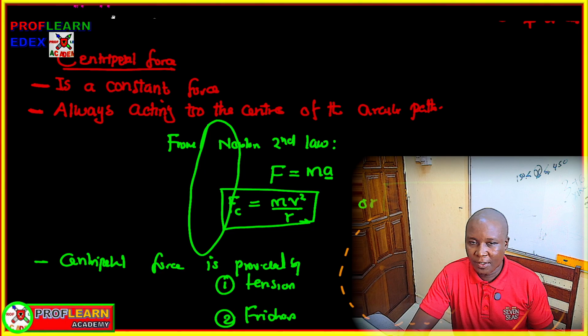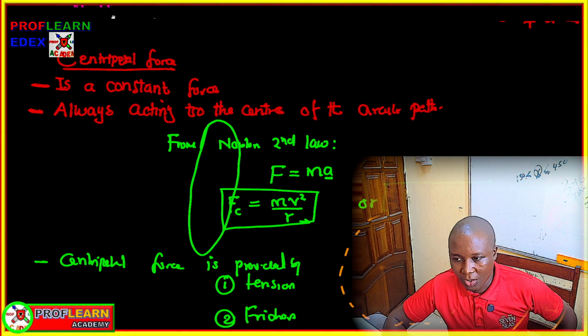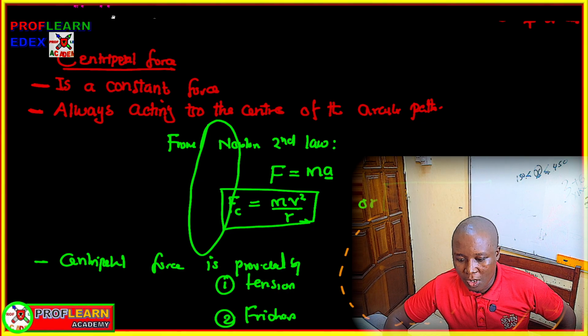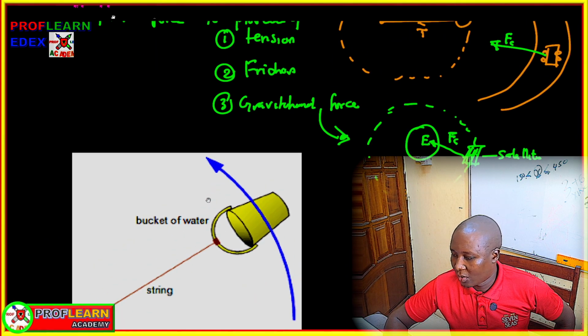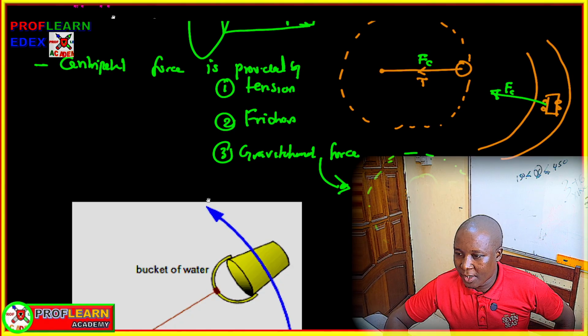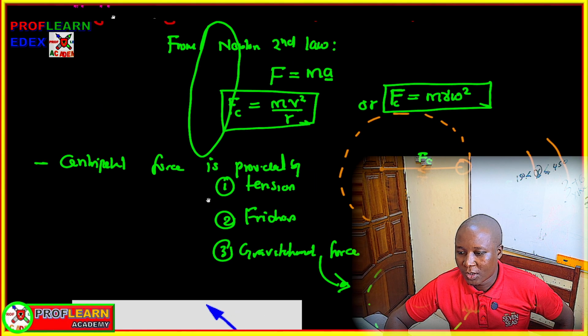So you're going to realize that different instances are going to provide this centripetal force. So that is the introduction and the basic concept that you need to know for circular motion.